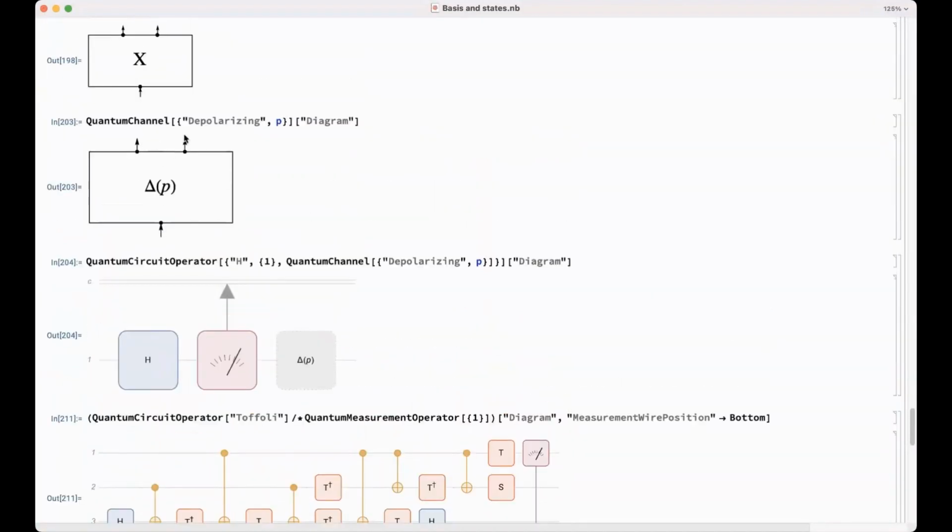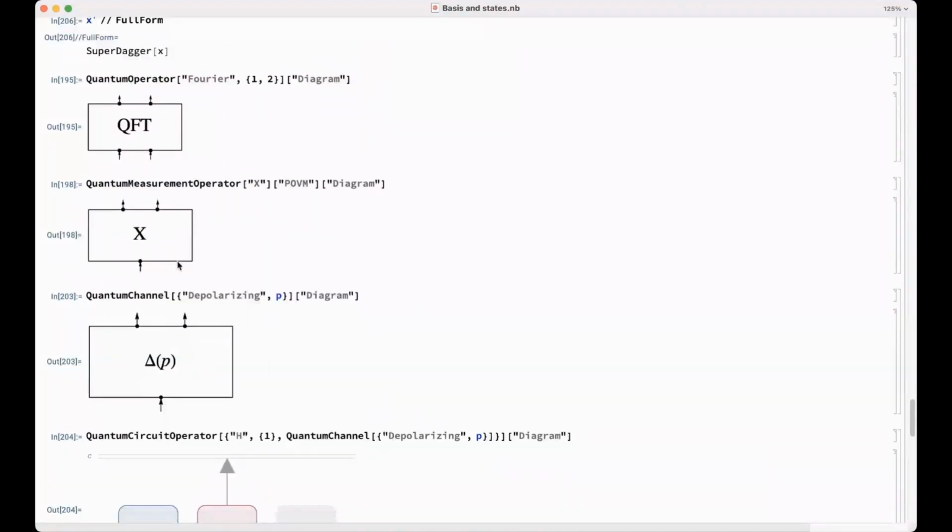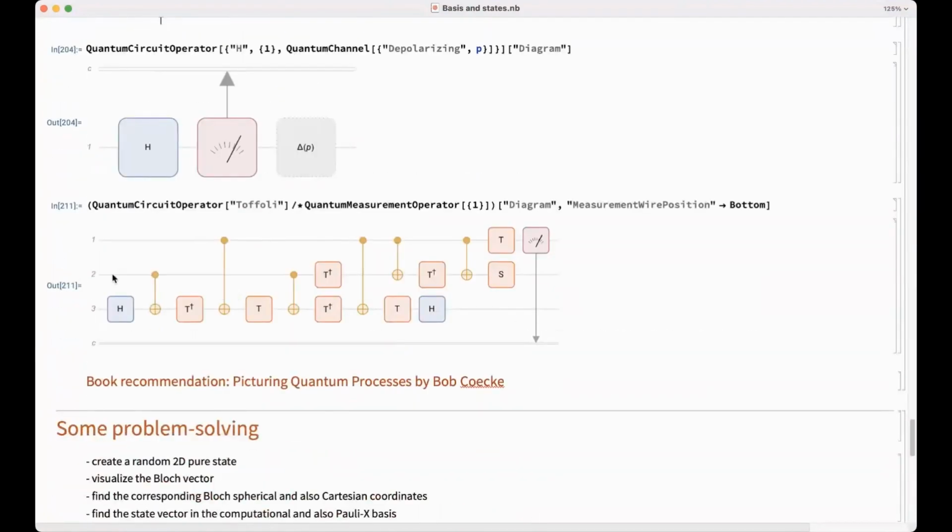It's related to how you treat these outputs, because the classical output is on the left, so it makes sense to put it on the left. If you treat your circuit from left to right, it's on the left of the output, so it makes more sense to put it on the top. That's my interpretation of it.